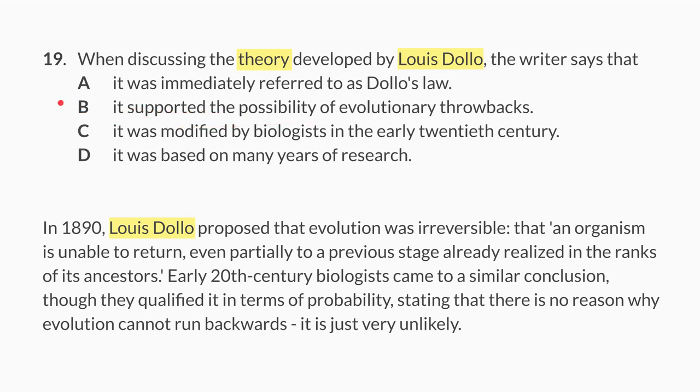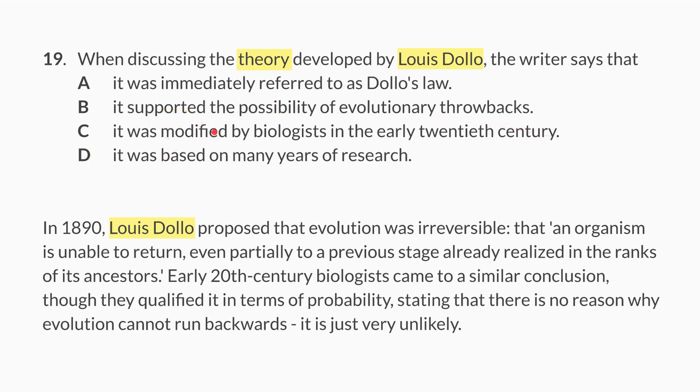So I'm going to keep reading. Early 20th century biologists came to a similar conclusion, though they qualified it in terms of probability, stating that there is no reason why evolution cannot run backwards. It's just very unlikely. Okay, so over here, C is the correct answer choice. It says that it was modified by biologists in the early 20th century.